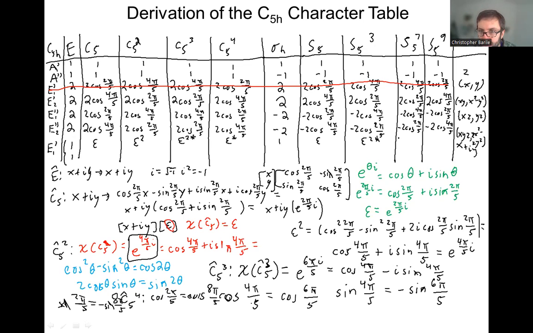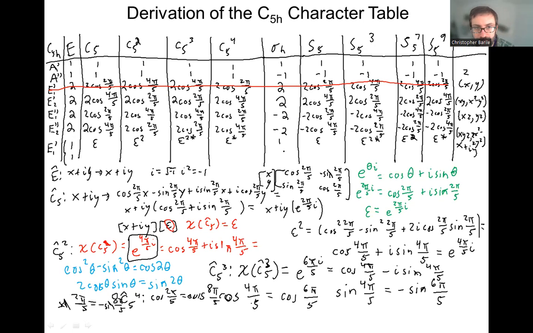Sigma h does nothing, so this is just equal to epsilon squared. And then S5 9 times is the same as C5 4 times followed by sigma h. Sigma h does nothing, so it's just going to be the same as C5 4 times, which is epsilon complex conjugate.